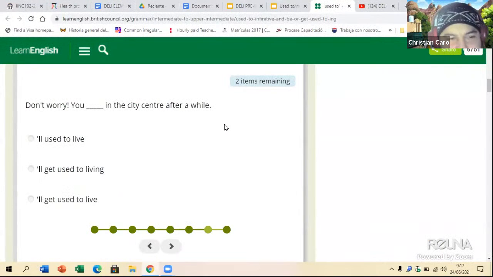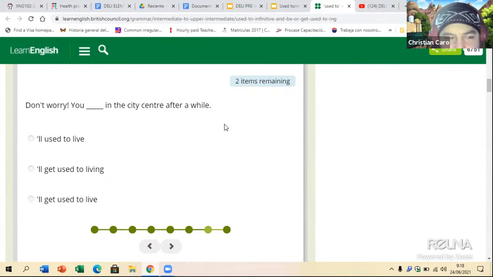So, you'll used to live, you'll get used to living, you'll get used to live. Easy peasy. Tomás 3333. All right. Tania, get.